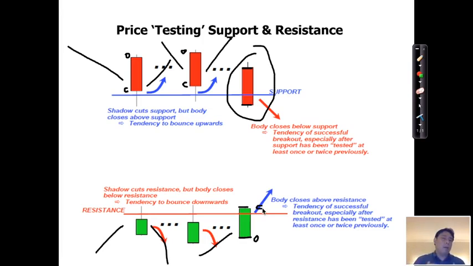It tells you that the buyers succeeded in keeping the price above the resistance, and this tends to be a stronger, more bullish pattern, right? So again, when we're going long, we're buying, we're looking for a test of the support. When we're going short, we're looking at a test of the resistance. Get it? Great.